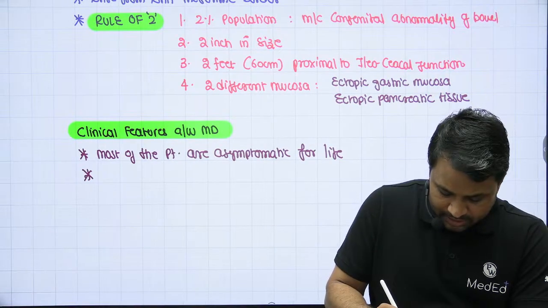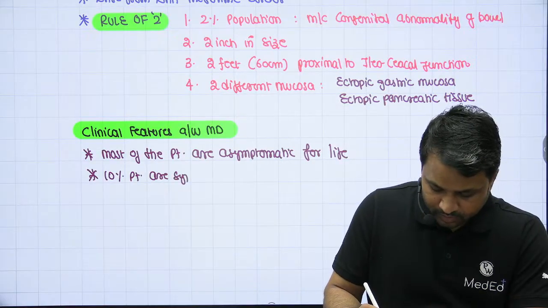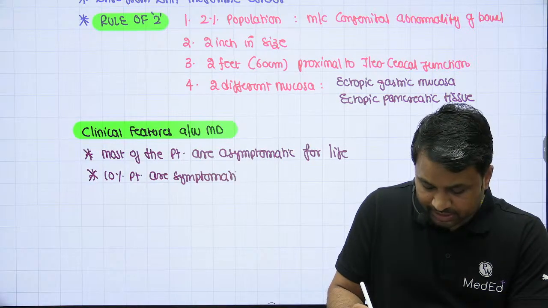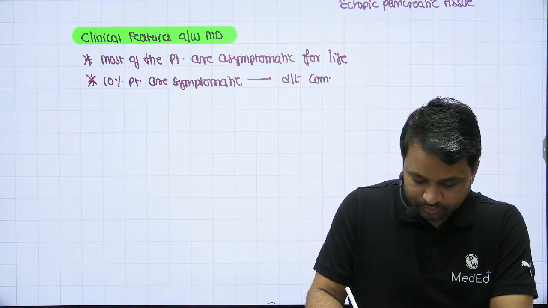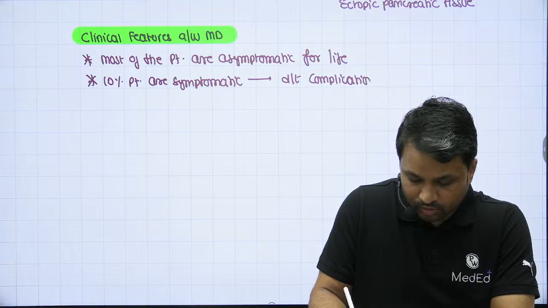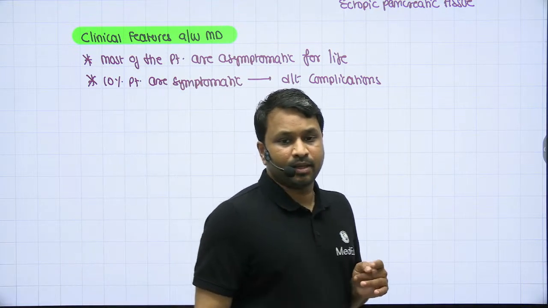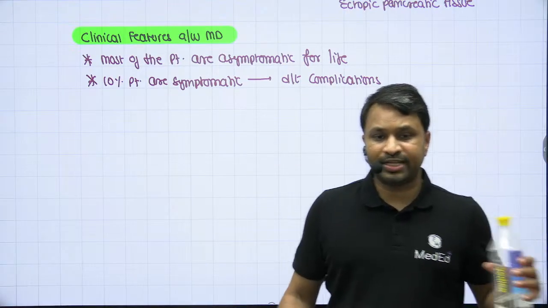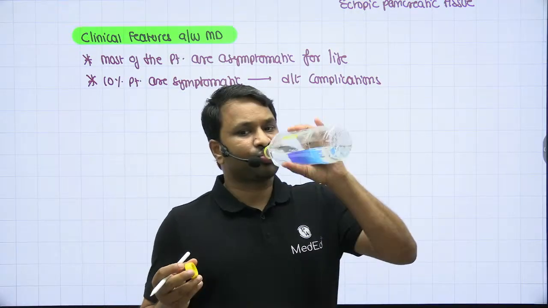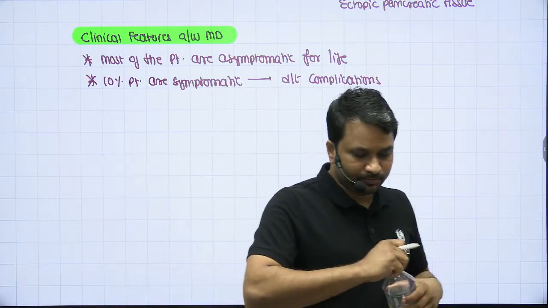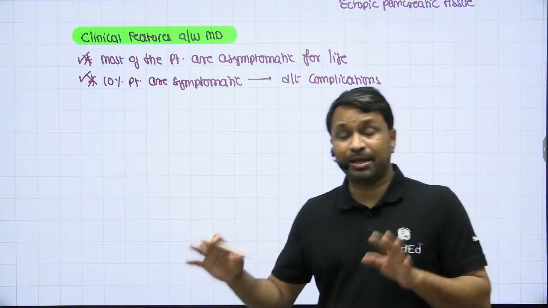Only 10% of the patients are symptomatic, and these are due to complications associated with Meckel's diverticulum. There is no proven risk factor; it's a congenital abnormality. So it's mostly asymptomatic for life, but 10% of the patients may present to you with symptoms.